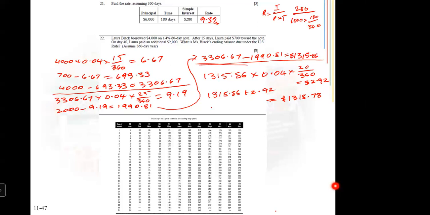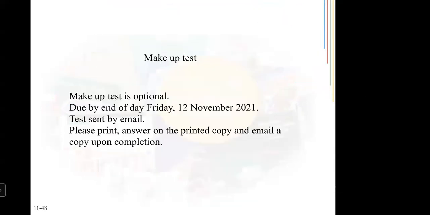Okay. So I don't know if you have any questions about any of them, but if not, if you choose to, you have another test that I sent to you.